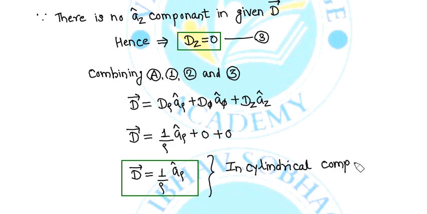The component is this a rho, and the variables, as they have stated, are this rho over here. Okay, so this is your final answer.